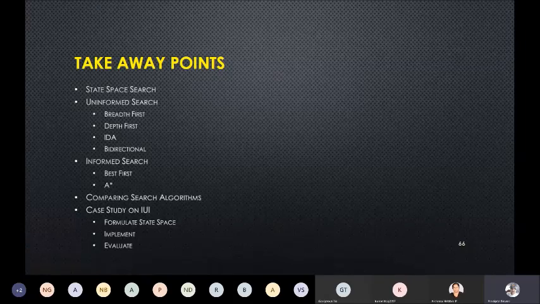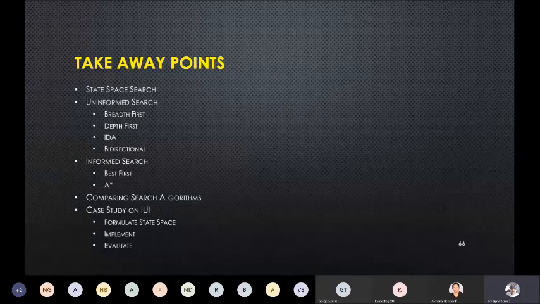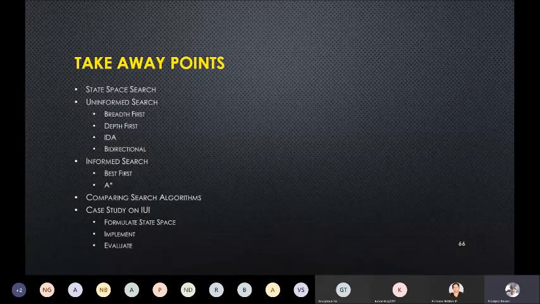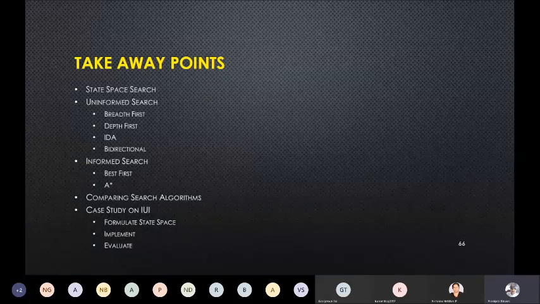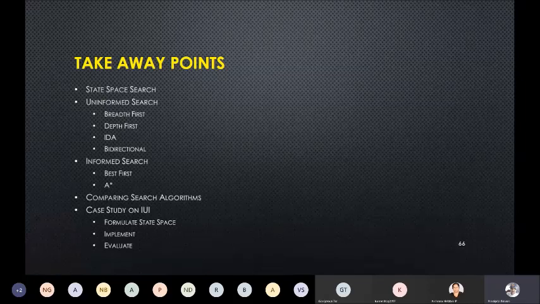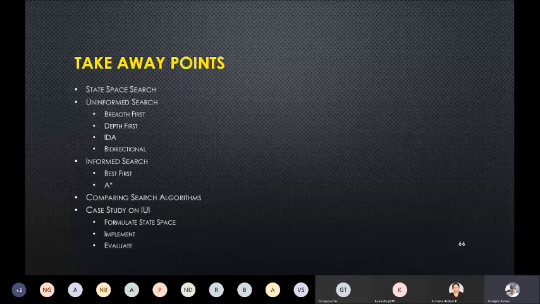Here the main takeaway points are that we introduced you to state space search, and we talked about the main 2 types of search strategies. One is uninformed search, another is informed search. Under uninformed search, we talked about breadth first search, depth first search, iterative deepening search, and just introduced bidirectional search. For informed search, we talked about best first search and nested search, and we talked about 4 criteria to compare all search algorithms.